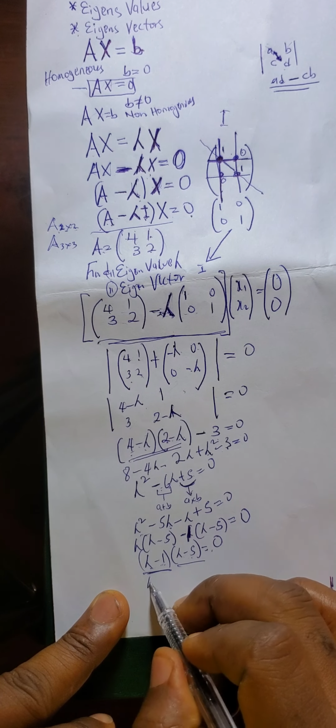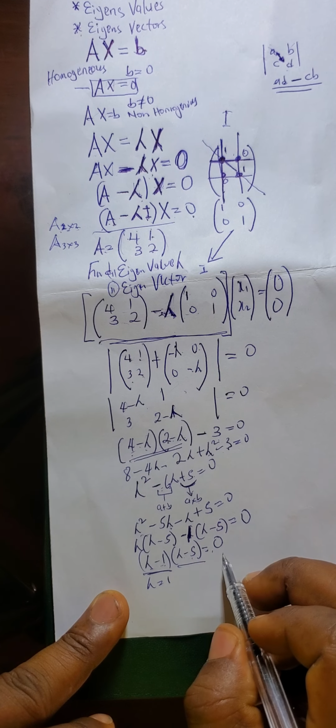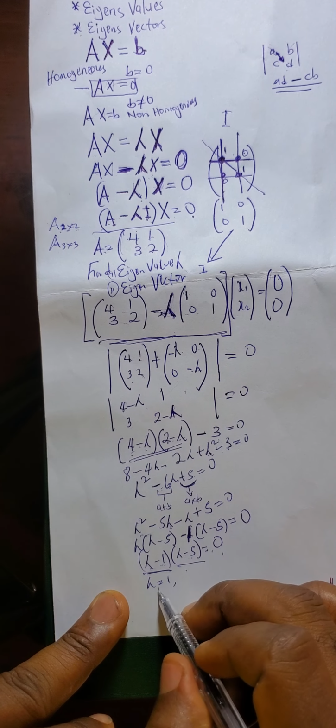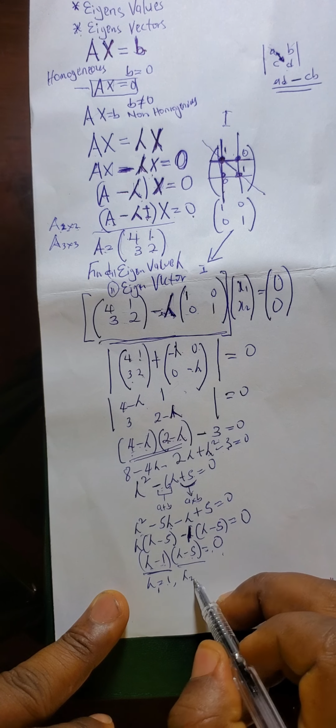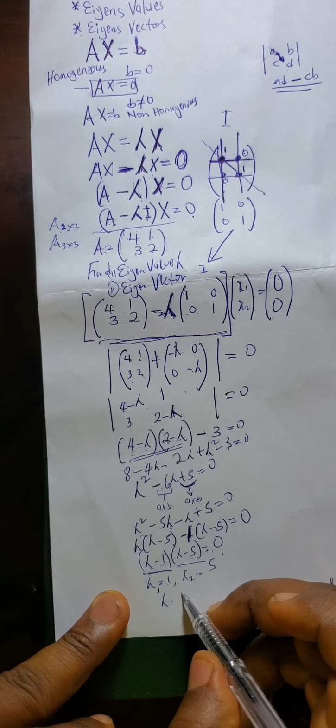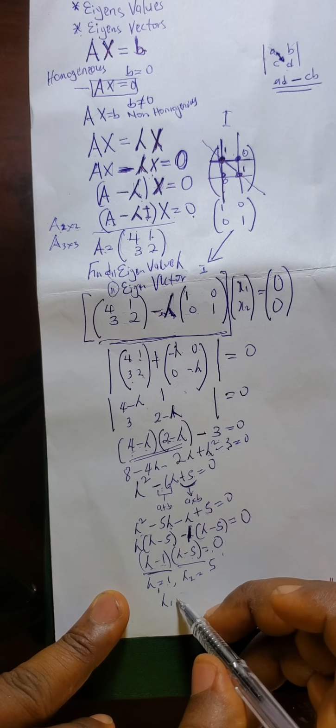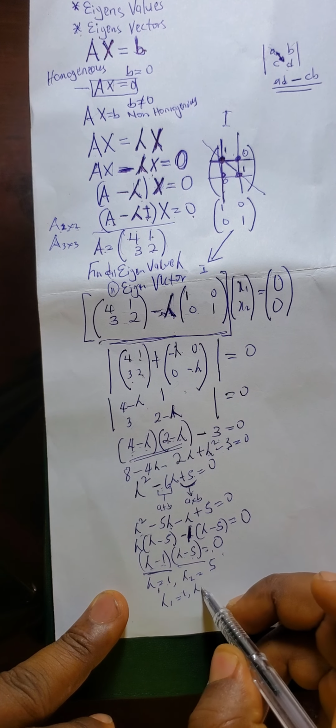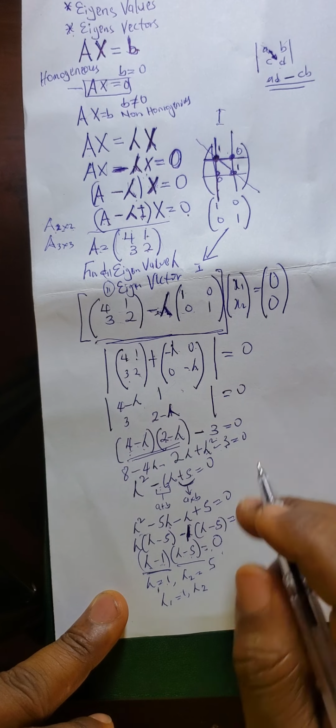Our lambda 1 is 1, and lambda 2 will be equal to 5. So these are the eigenvalues that we have for this particular question.